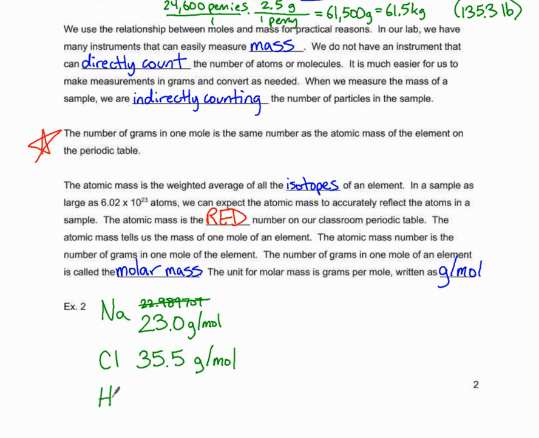Next up, find hydrogen. Hydrogen is in the very top left corner. It is the smallest of all atoms. Its atomic mass is 1.00794. When we round this to 3 significant figures, it becomes 1.01. That is the number of grams in 1 mole of hydrogen.